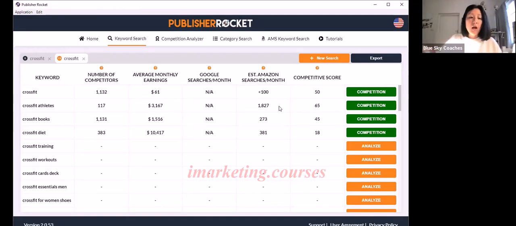Maybe not the entire book is about CrossFit diet, but maybe I want to have a section around CrossFit diet, because when I look, there's some search volume, the competition is not that high, and the average monthly earning is really good. So I'm like, okay, maybe this is something I want to write on, because the numbers are looking quite good. So don't do this exercise just at the end, do it along the way.